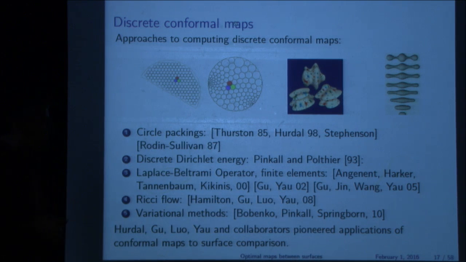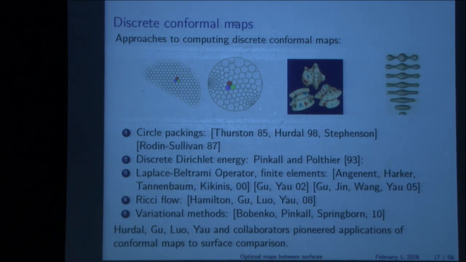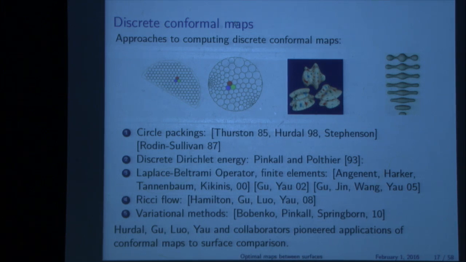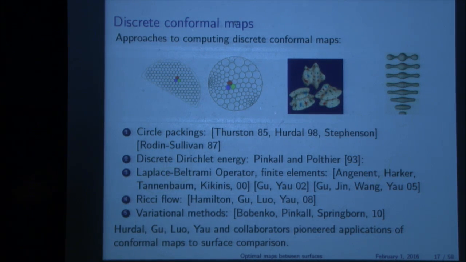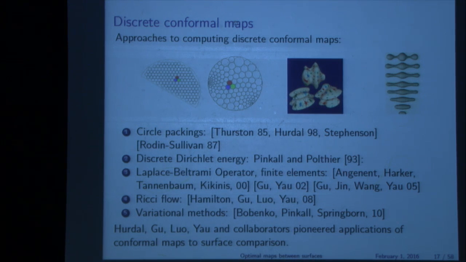Probably the first result I know was due to Thurston, who showed that you could use circle packings to approximate smooth conformal mappings. And then there's various other approaches you can take with finite element methods or discrete Dirichlet energy, Ricci flow.